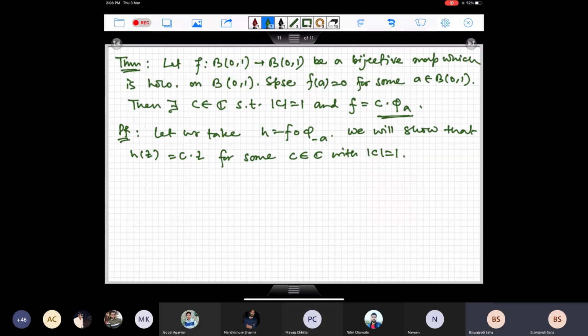Okay, so if that is the case, then H is nothing but C times the identity. So if you compose with phi of A on both sides, you will get F is equal to C times phi of A. Right? All of you agree to this? Yeah? Is it clear what I'm trying to do?